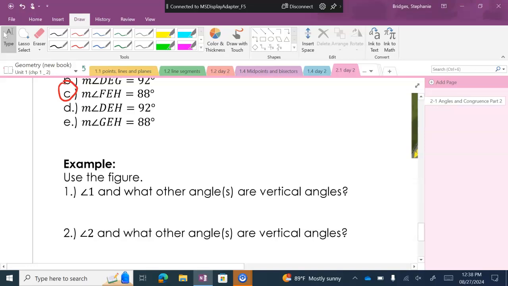Okay, we're looking at that picture down there to the right in the corner. It's got 4 angles: angle 1, 2, 3, and 4. That's what you're answering questions about. Adjacent means next to each other, they share a side. Vertical means across from each other. And then angle 1 and what other angles form a linear pair?